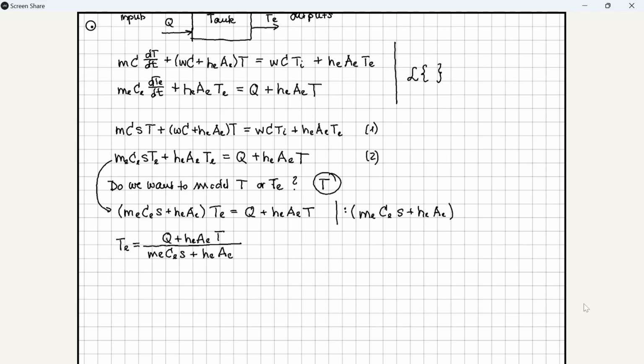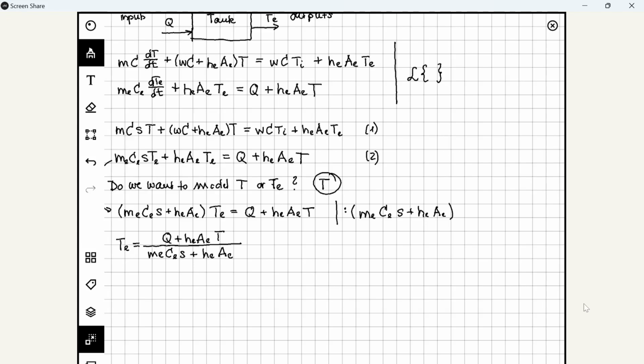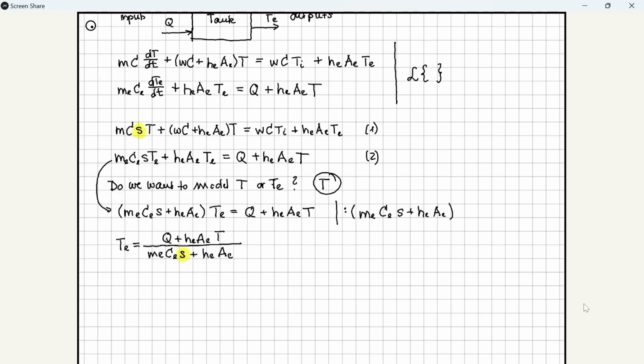So please note that the most important information about the dynamics is in anything that comes with an S. So our dynamics are captured with the differentials. And this we have here in equation number 1, we had also one S over here. And this is what we're looking out for, because this will define our dynamics.